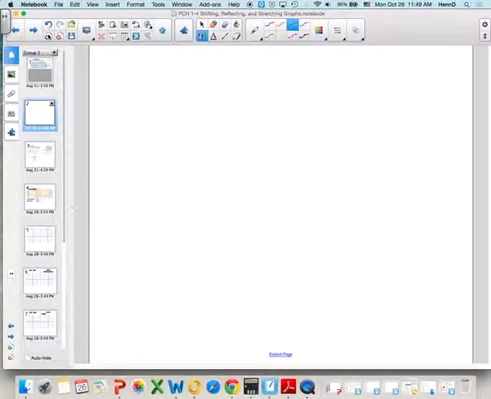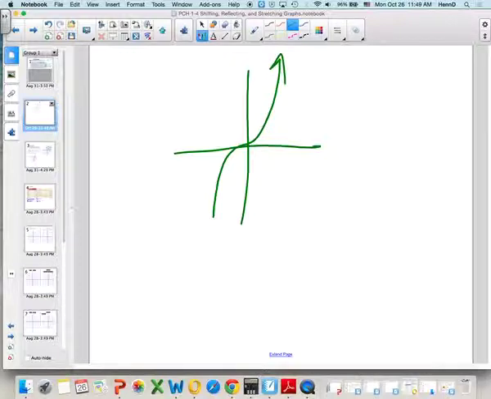For example, x cubed normally hits 0 at 0. If we subtract 4, it slows our x down so we don't hit 0 until over here at 4.